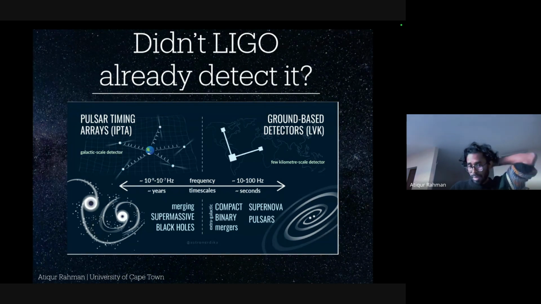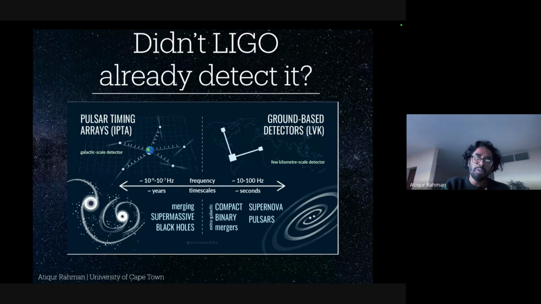And now the frequency range changes. It goes to 10 to the power minus 9 to 10 to the power minus 7 hertz. That is the maximum. And if you convert it to time, to years, I think it is a few years, I think 10, 15 years' worth of data.